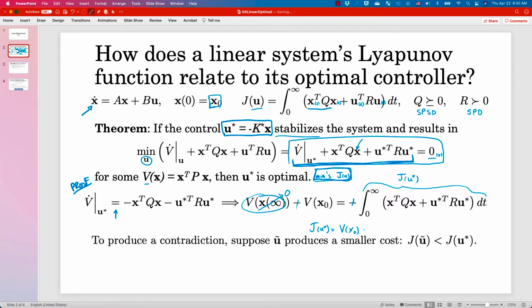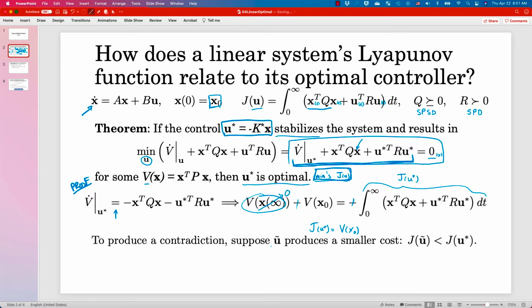But we actually haven't gotten to the main claim of the theorem, and that is that this u star is optimal. Okay, so to prove that, and this is what the book does as well, we're going to proceed by contradiction. So this is a proof technique that says, if I claim that something is true, if I show that the opposite of that can't be true, then I've shown that it has to be true.